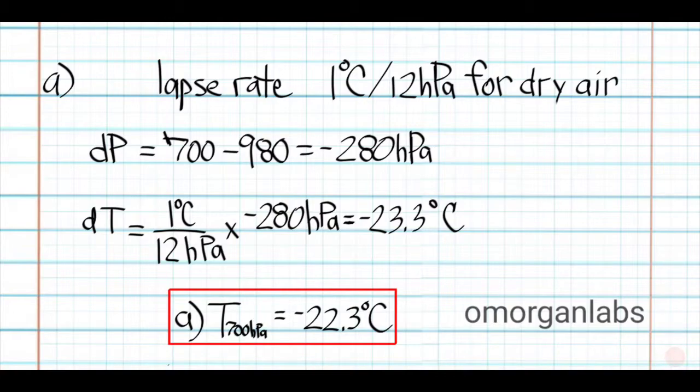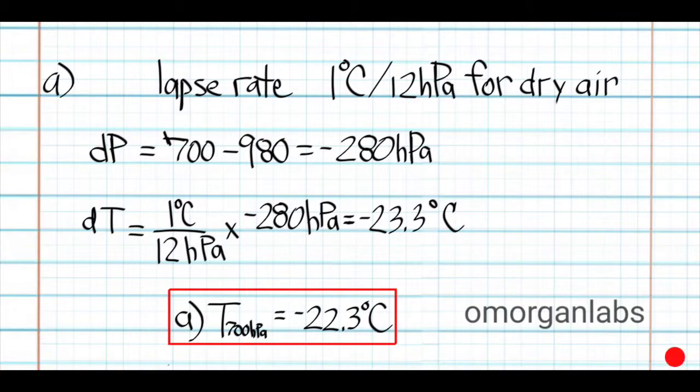So we have a negative 280 hectopascal delta P. Now to find our delta T, we use 1 degree Celsius over 12 hectopascals times negative 280 hectopascals, which equals negative 23.3 degrees C. That's our delta T.